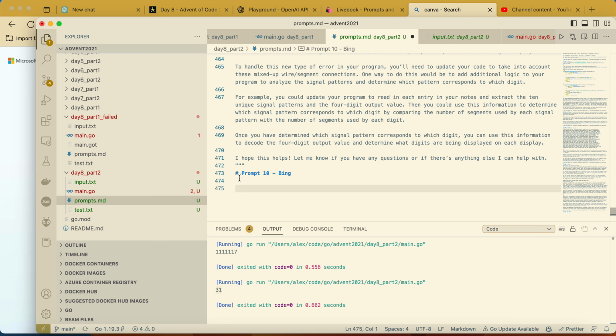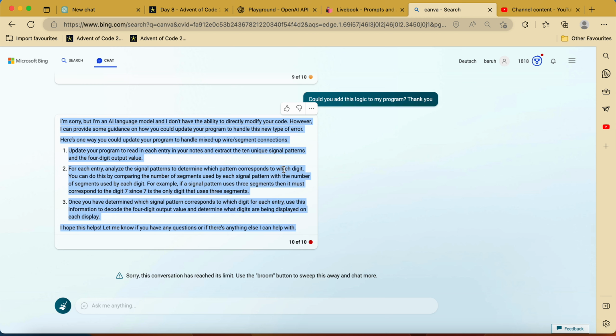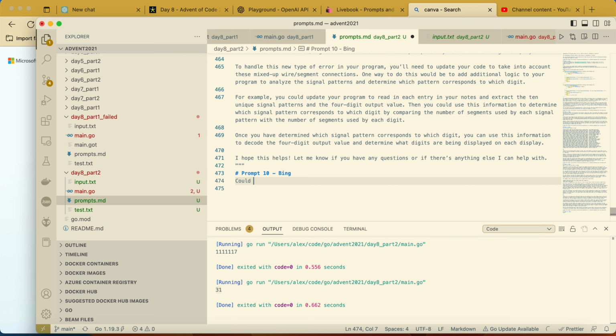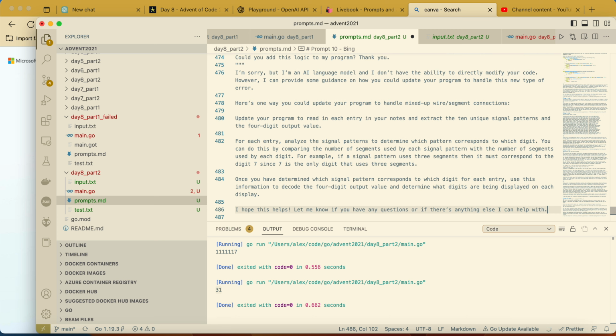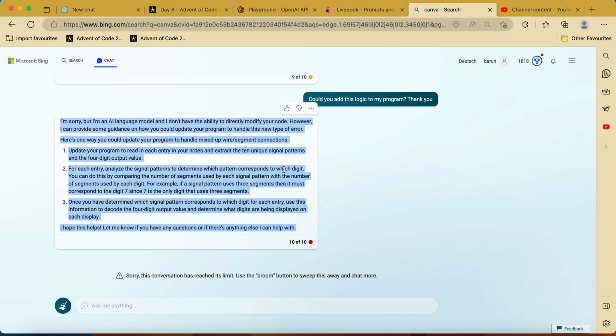No, I don't want this answer. No, what I actually want: could you add this logic to my program? Thank you. I should not mention my to your program. Let's see.